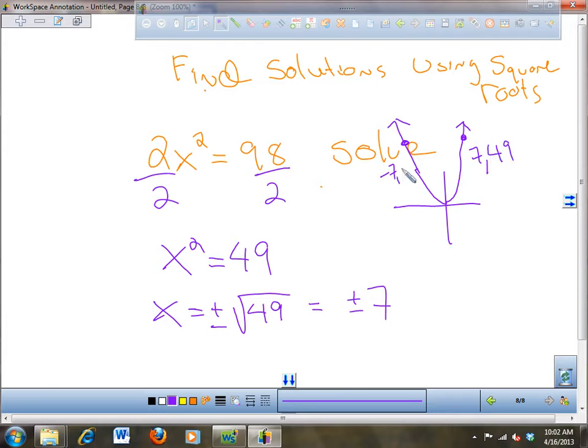Do you see that? Where is 2x squared equal to 98? Oh, sorry. This would be 98, not 49. 98, 98. But that's algebraic, that's graphically what it means. You don't have to do it graphically, but that's what it means.